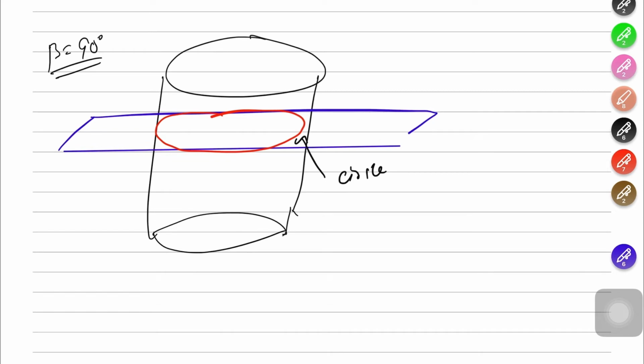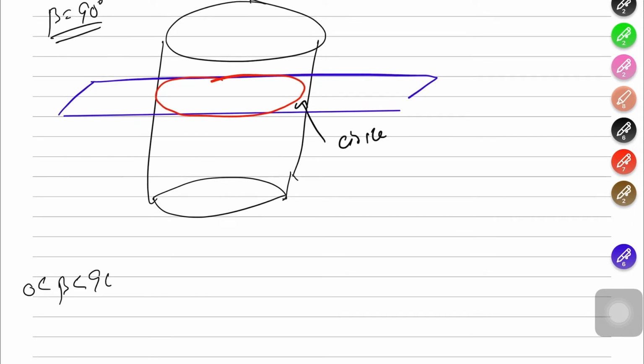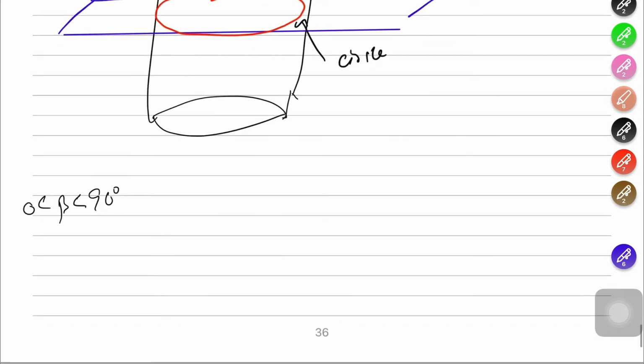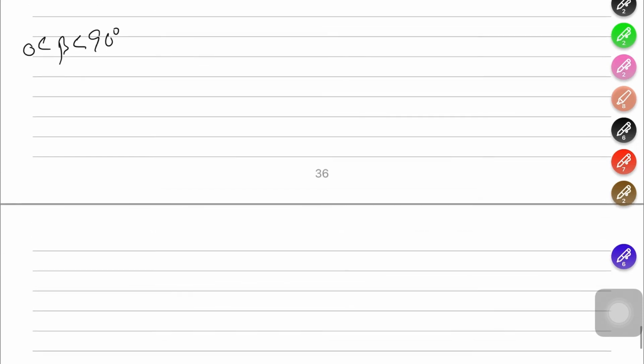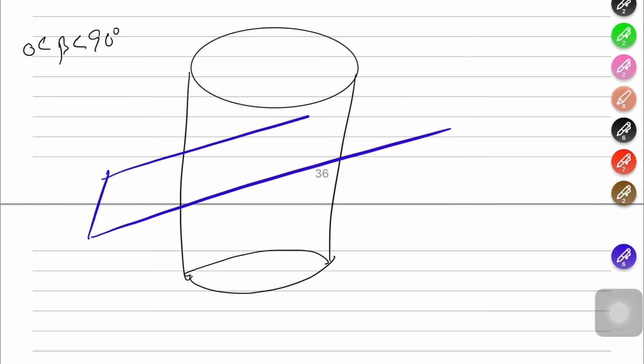And if beta is greater than 0 but less than 90°, in this case we get an ellipse.